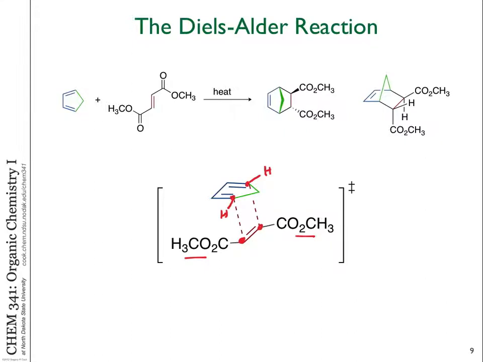So those four carbons in the product, right? Here's the two from the cyclopentadiene, and here's the two from the dienophile. Notice the orientation of the groups. If you look at this from the top, that's the drawing I've drawn here, the six-membered ring.